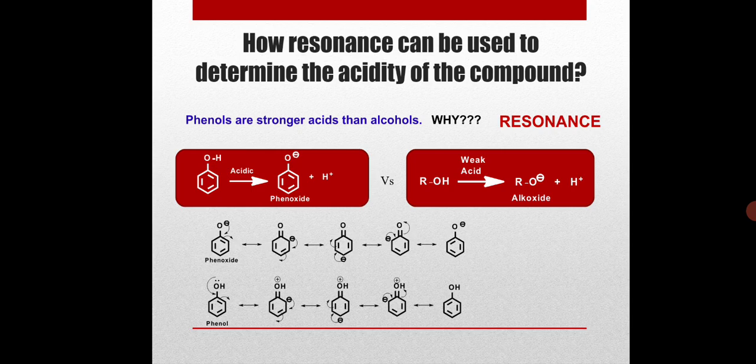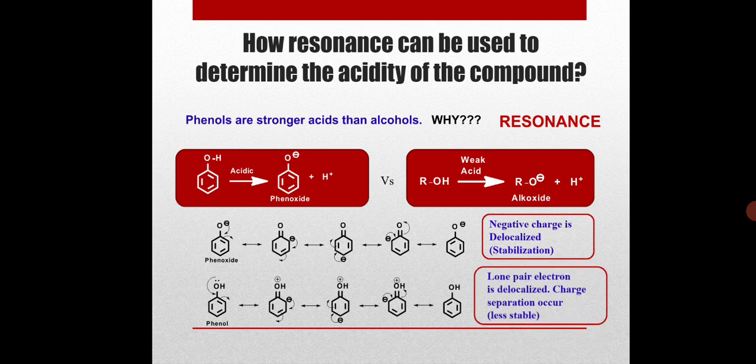But can you see some difference in both the resonance structures of phenoxide and phenol? Yes, in phenoxide, the negative charge is delocalized, but in phenol, the lone pair of electrons is delocalized. As a result, there is a charge separation in phenol, which is not so in phenoxide ion, and so phenoxide ions are more stable than phenol.